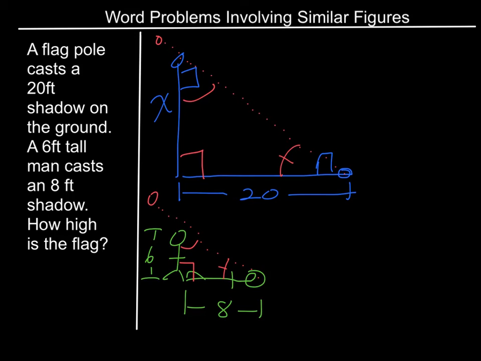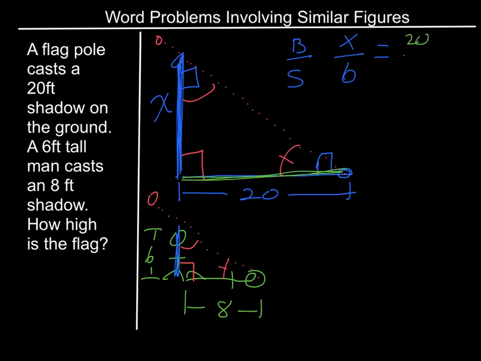So the proportion I'm going to set up is big over small for this one. My first big side is going to be the blue one here. So that's x over this man's height, which is 6, and that's going to be equal to the shadow, which is 20, that's the big shadow, over the person's shadow, and that was 8.